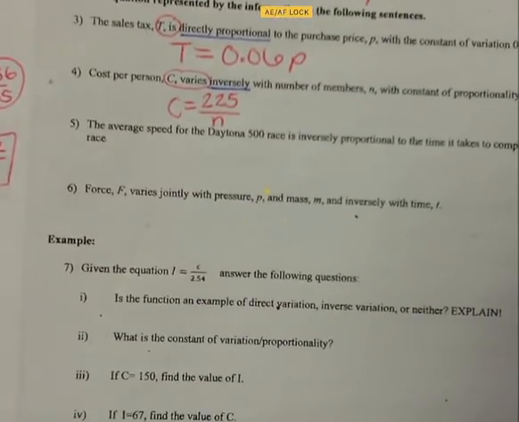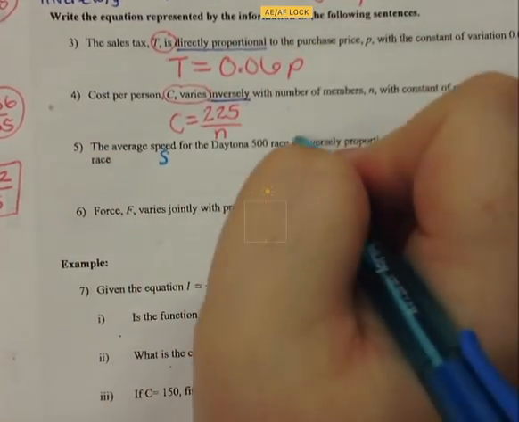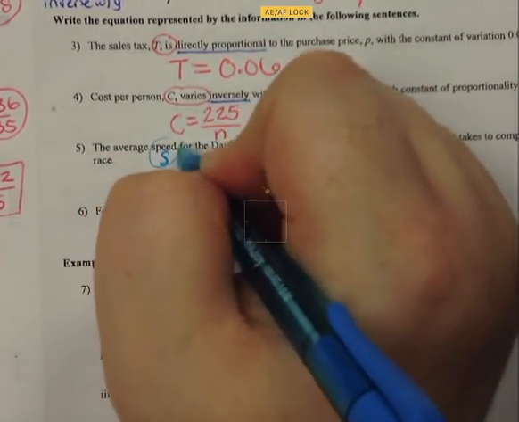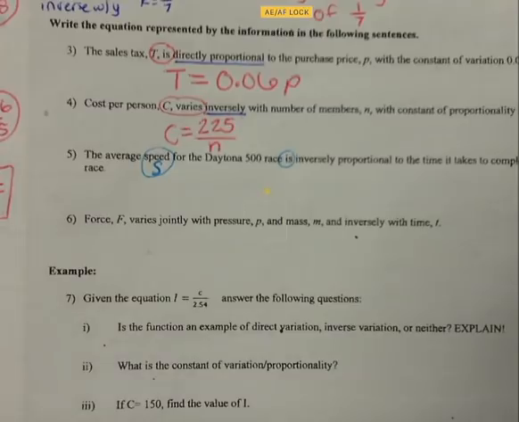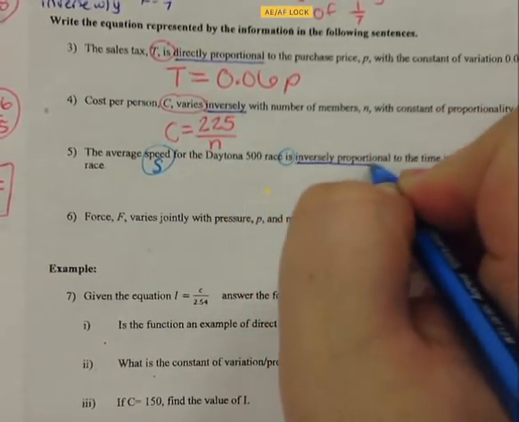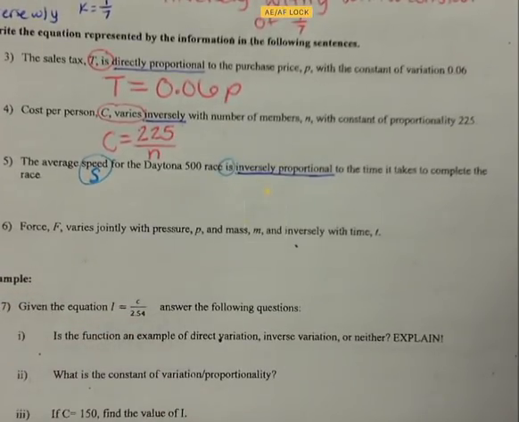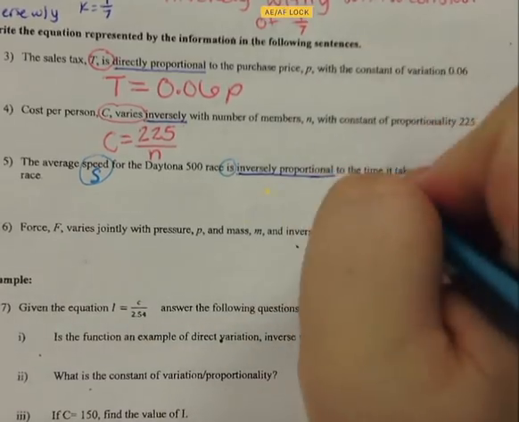Speed is inversely proportional to the time it takes to complete the race. I would use T for time.